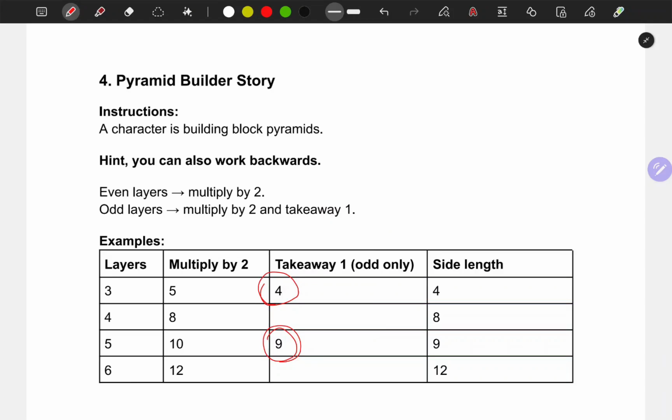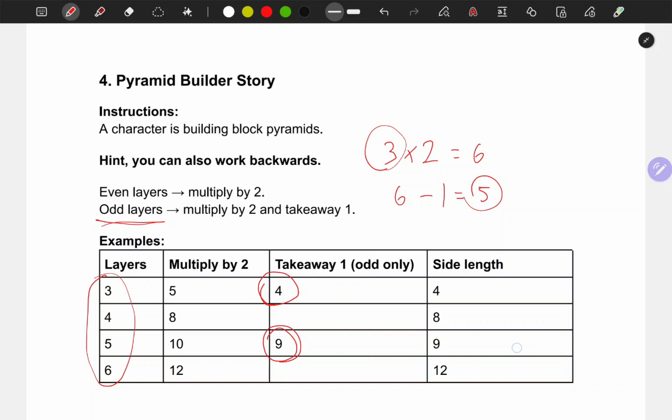So if we already know the number of layers, so let's say we know we have 3 layers, but we don't know the side length, well, all we do is multiply by 2 for odd numbers, which is 6, and then 6 take away 1 is equal to 5. So the original side length was 5, and the number of layers is 3, right there.